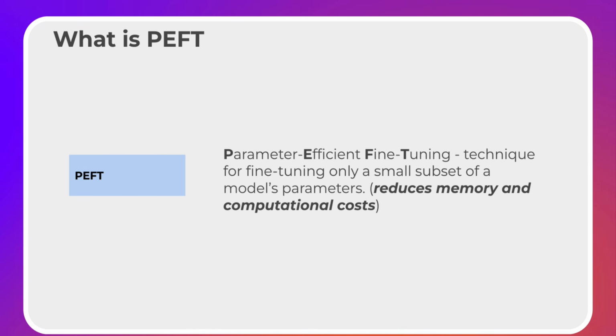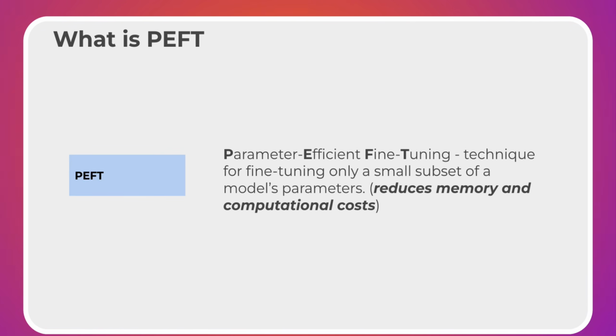So, as you know by now, fine-tuning, training a model, requires a lot of computational resources. And of course, it's very, very expensive. And so by using PEFT as this technique for fine-tuning, we are only dealing with a very small subset of the model's parameters.